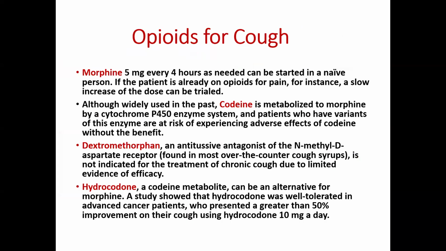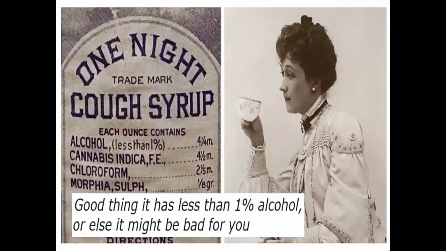How about cough? Well, the most famous one for cough is dextromethorphan, followed by codeine, right? But in fact, morphine works pretty well, and hydrocodone also works very well for cough. And again, this is for intractable coughs. These were the cough drugs in the 19th century. Look at this, they actually used cannabis, chloroform, and morphine.